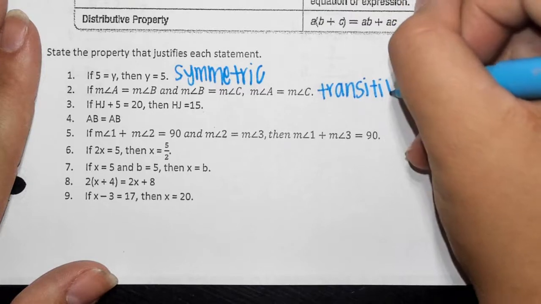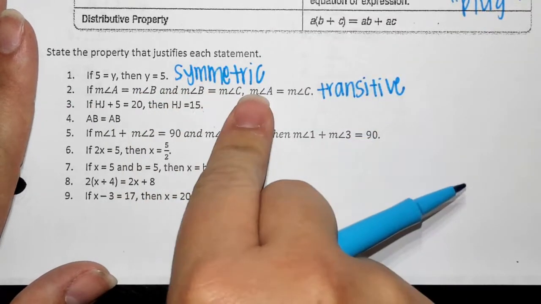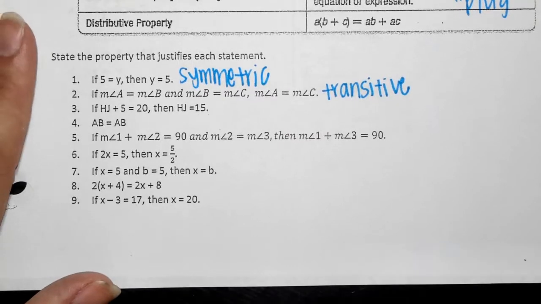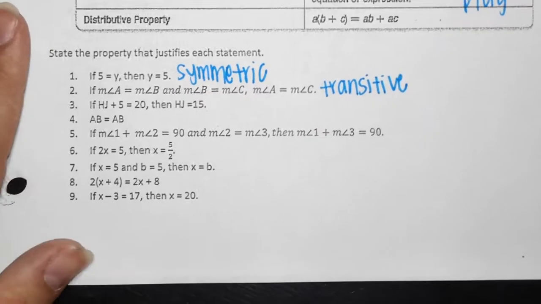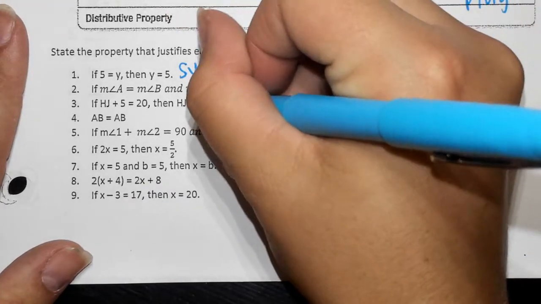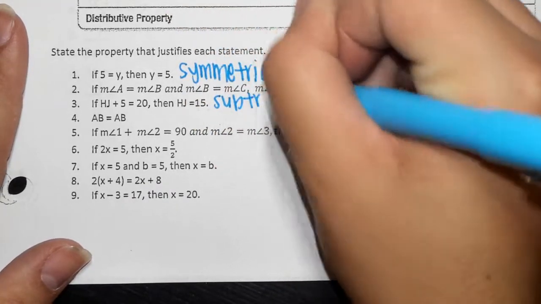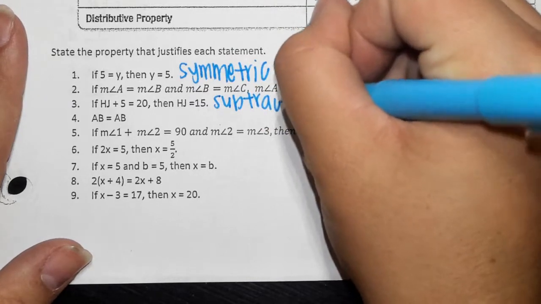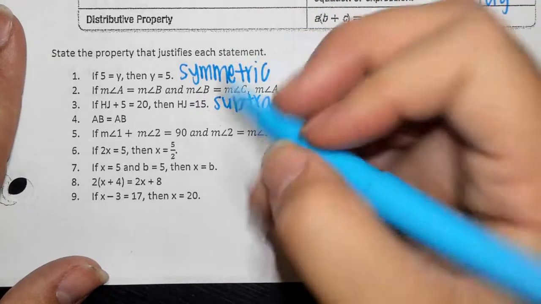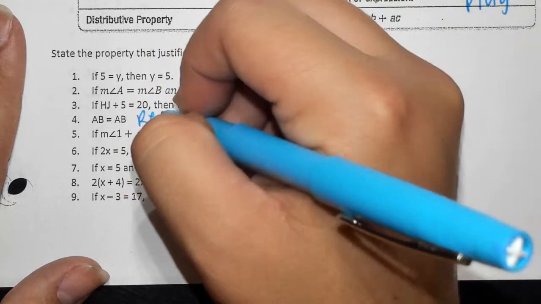Transitive, because it was A equals B and B equals C, and then now it's A equals C. Look at number 3. How did they get HJ by itself? What did they do to the 5? So that was the subtraction property. Now, same exact thing, so this is reflexive.